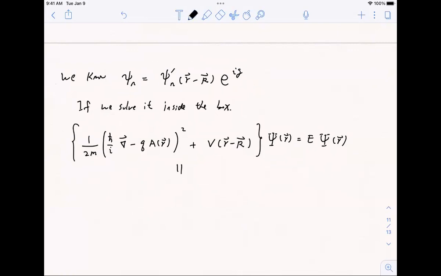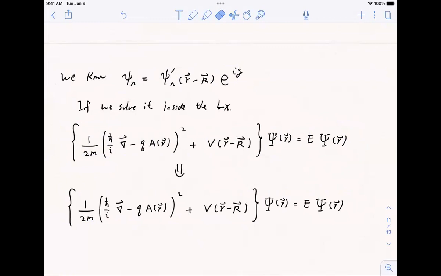Of course, this term will be 0 because inside the box, it is 0.